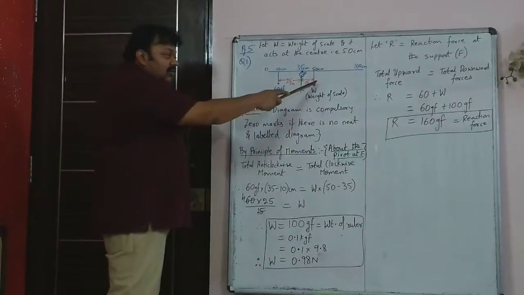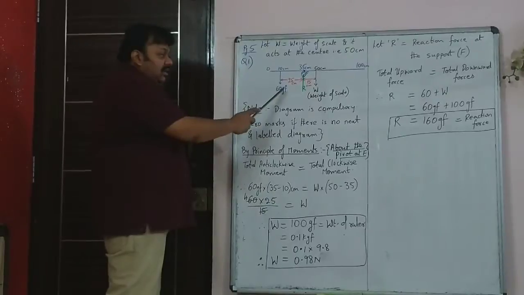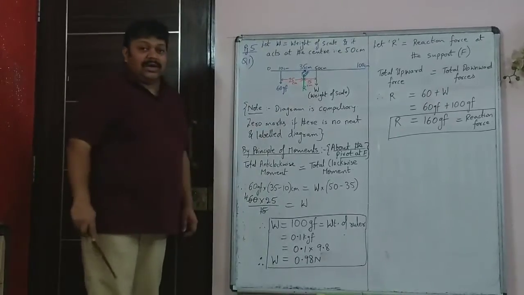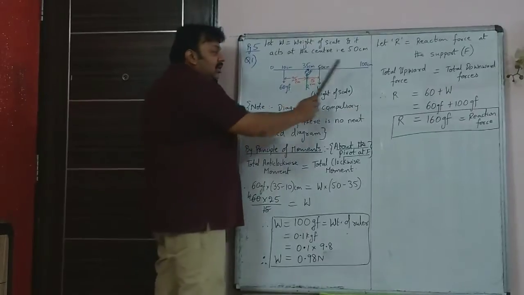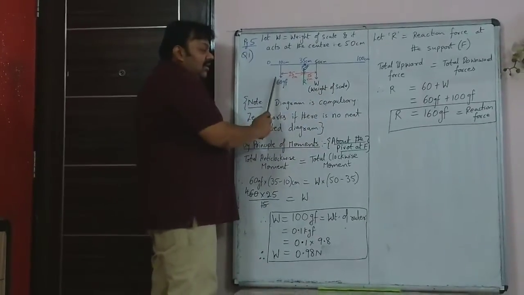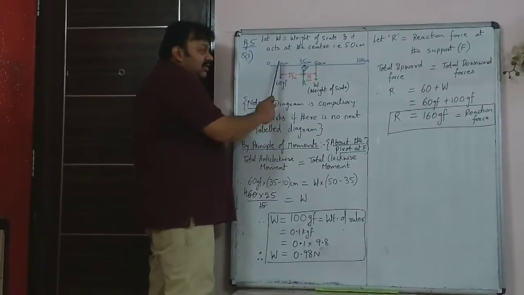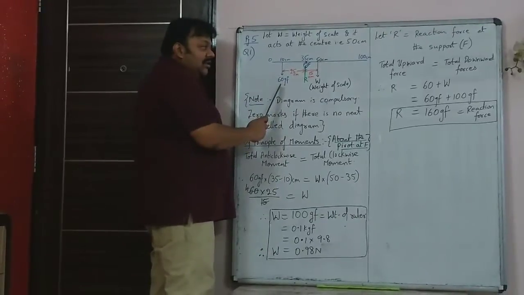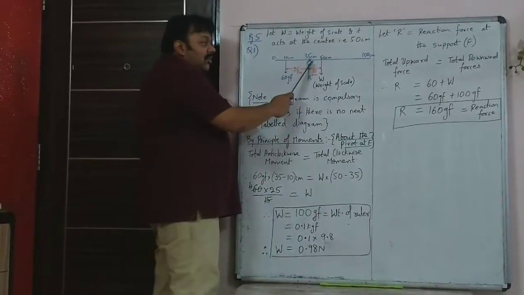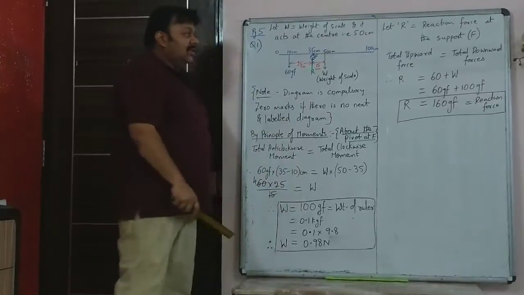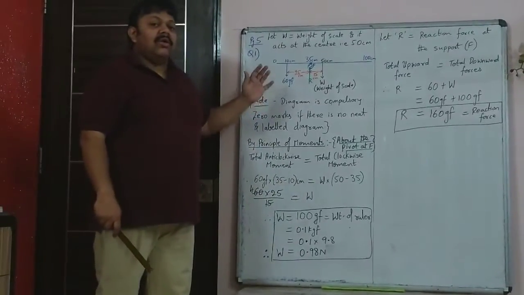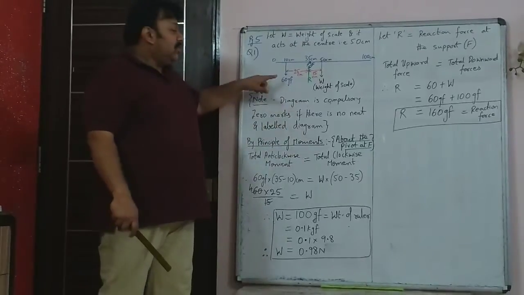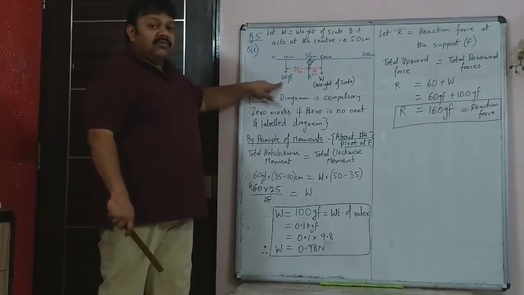And there are two forces here. In fact, there are three if you consider the reaction force. But the 60 gf, now ignore all the other forces. The 60 gf is acting downward at the 10 centimeter mark, and the pivot is at the 35 centimeter mark. Like I explained previously, what sort of moment is produced by the 60 gf?